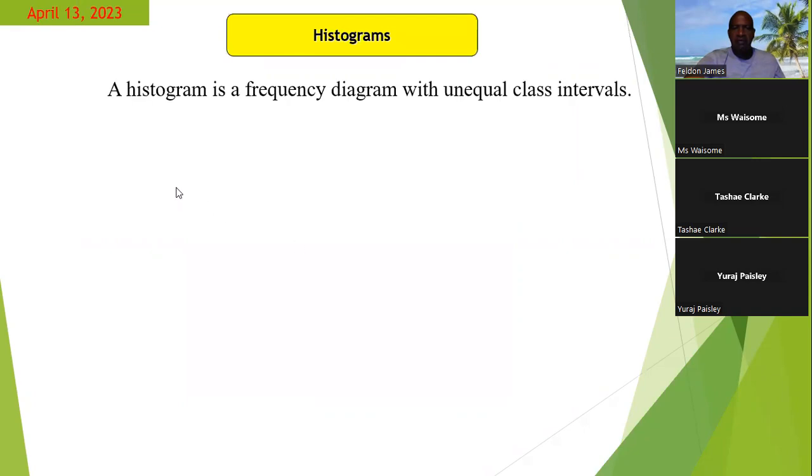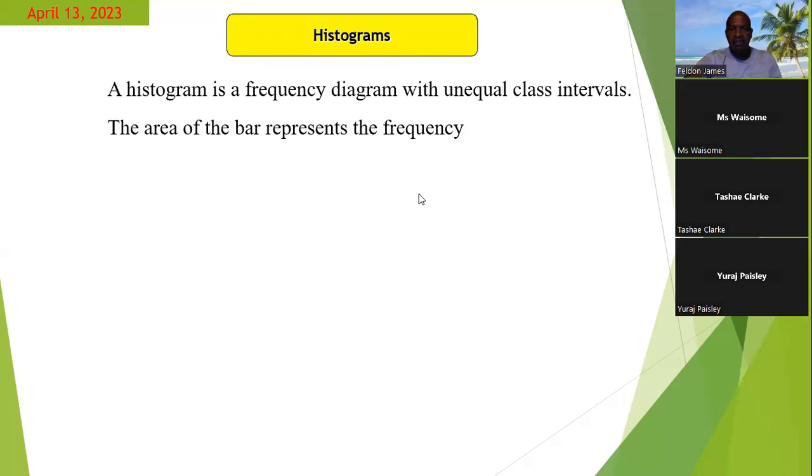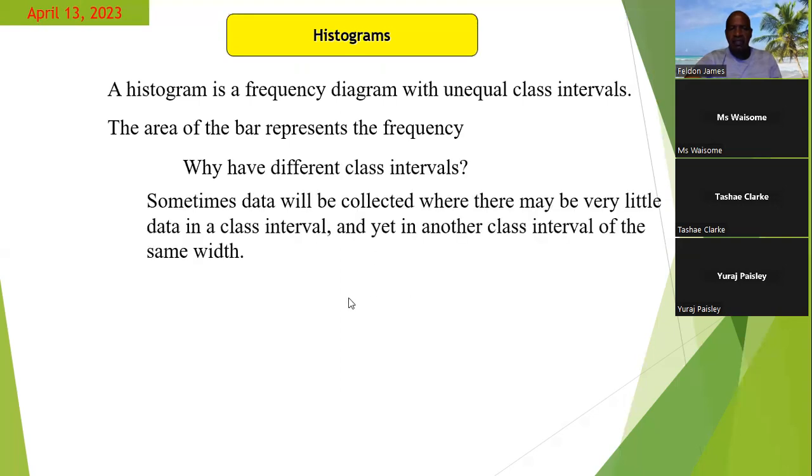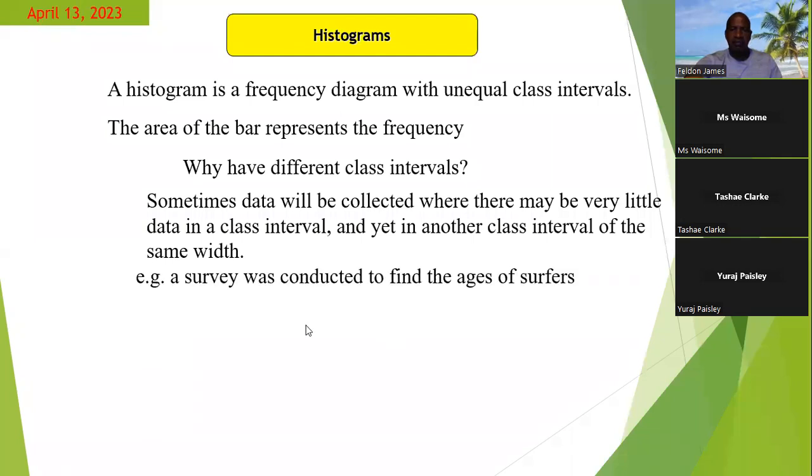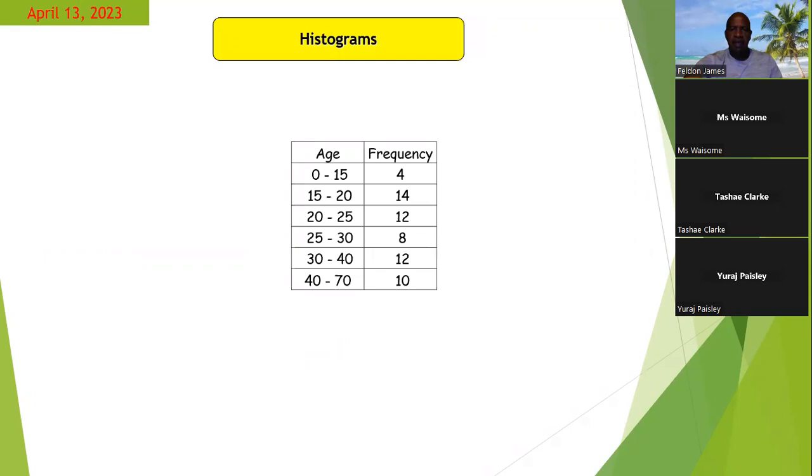So here we have a histogram is a frequency diagram with unequal class intervals, all right? So as I was saying, the class intervals don't necessarily have to be equal, but when the class intervals are different, you may choose to use the area in the diagram.